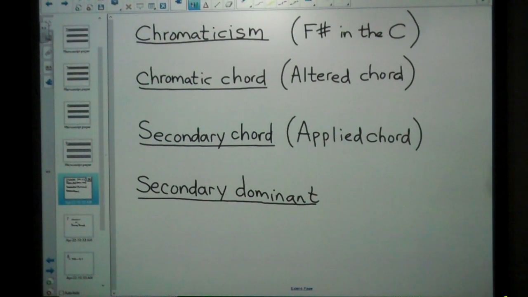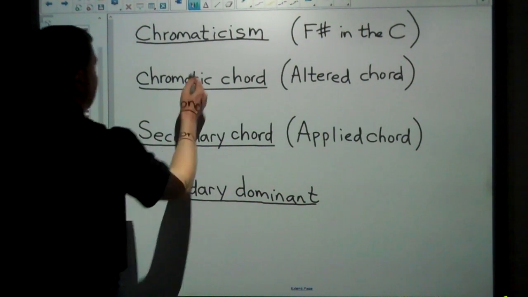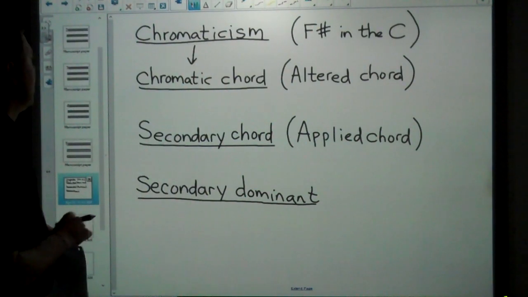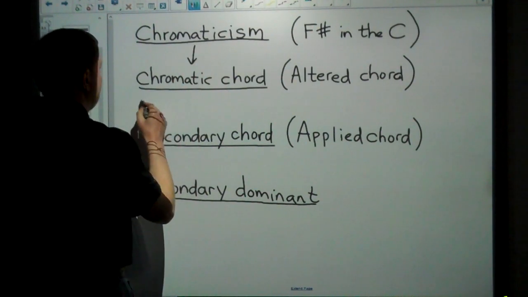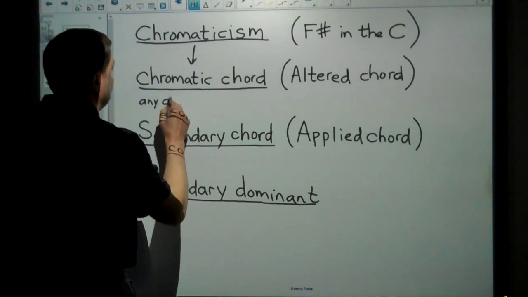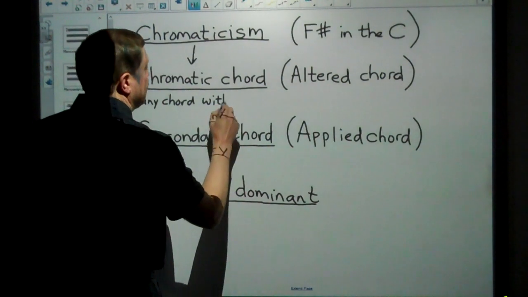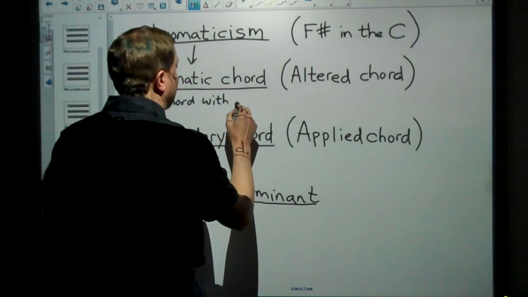Now, when a chord contains one or more chromatic pitches, we call the chord a chromatic chord. And that is the next term that I have here on the board. So a chromatic chord is any chord with or containing one or more accidentals.